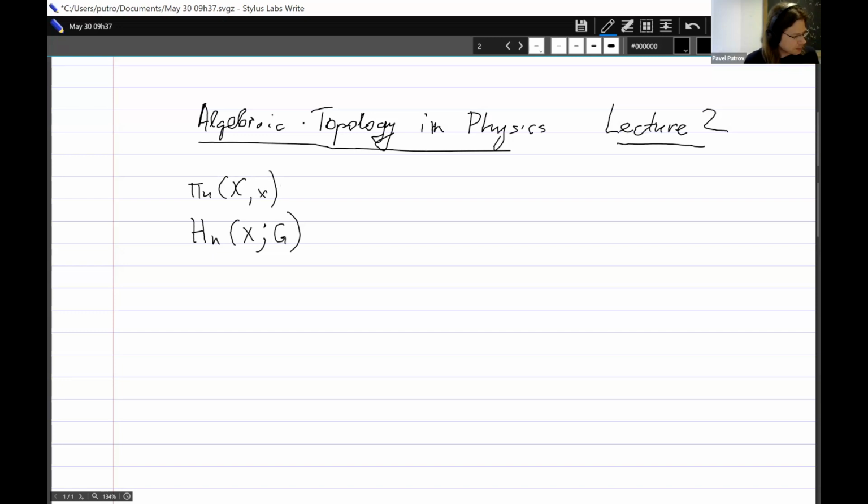And there was an informal interpretation of these homology groups as networks of n-dimensional defects colored by some elements of the group, and we consider some sort of deformations.